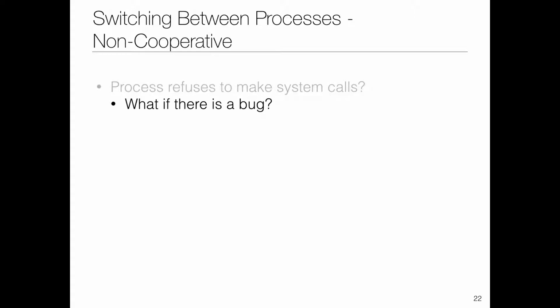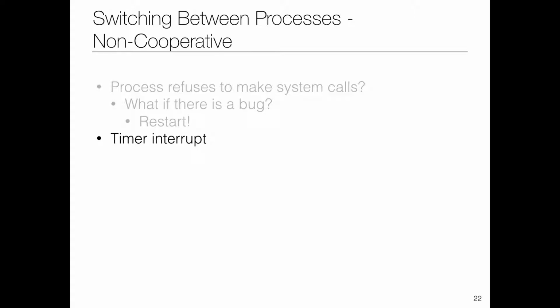In the non-cooperative way of scheduling these processes, we don't require any of them to explicitly make a system call. And the other thing is that you might have the cooperative way of switching between processes, but there could be a bug in someone's program. So the only way to then get back to the normal running routine is to restart the system.